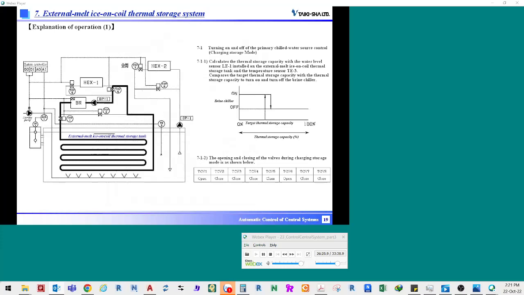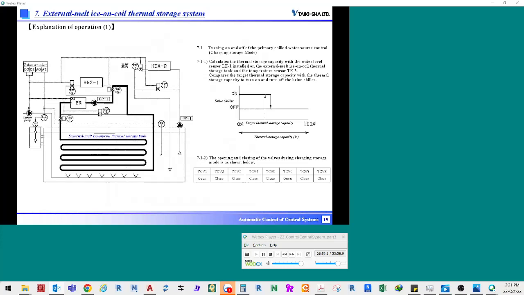As a result, a closed circuit is formed by the brine chiller and tube pipe in the ice thermal storage tank. If the closed circuit is formed, the brine water heat exchanger is separated from the circuit. The primary chilled water pump, CP1, and the secondary chilled water pump, CP2, stop.